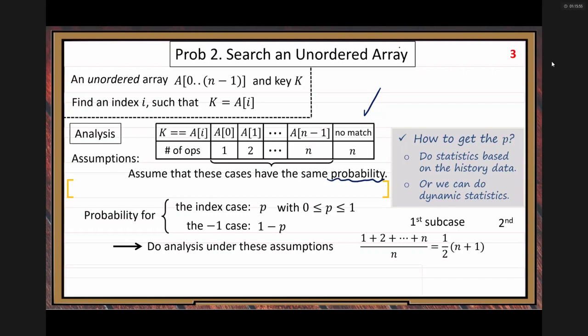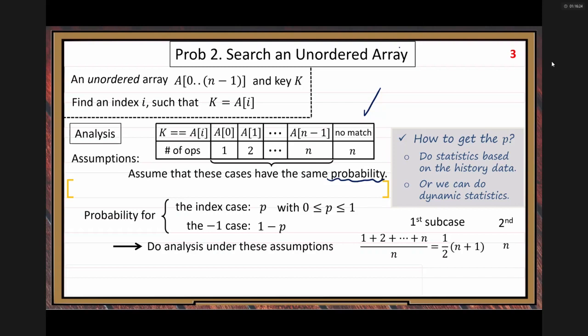Second, its average case is also simple because it has only one case, the no match case. You do the average on one case, the same number.